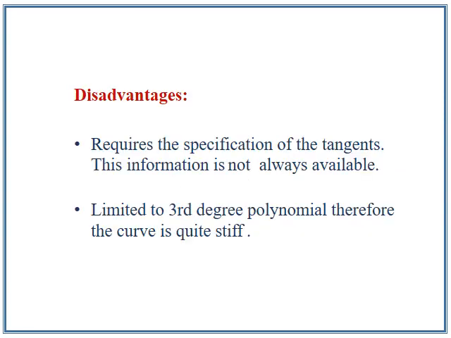And with this, what are all the disadvantages of the Hermite curve can be seen. It requires the specification of tangents. This information is not always available, so we have to know the tangent specification in order to control the local point of the curve.